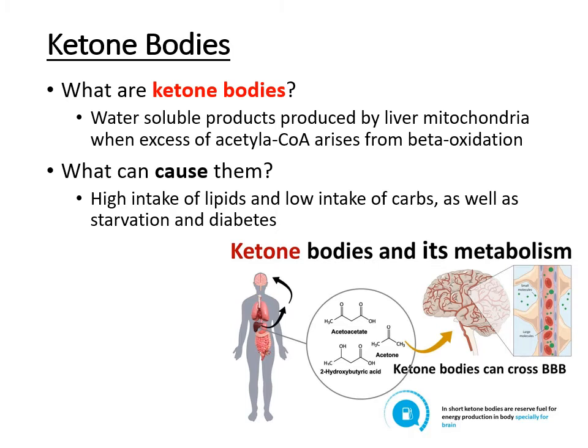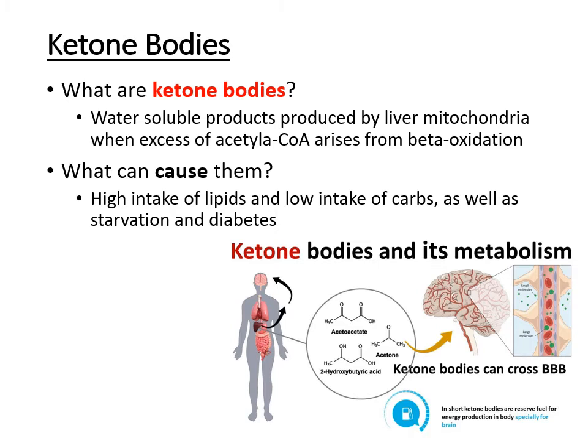So basically, if you think about it, starvation mode is going to cause an organism to break down their storage of fats as their energy source. And that means breaking down fats is beta-oxidation, which will then lead to ketone bodies. And with diabetes, interestingly enough, it's not the lack of carbohydrate intake, but it's basically the inability to metabolize them.